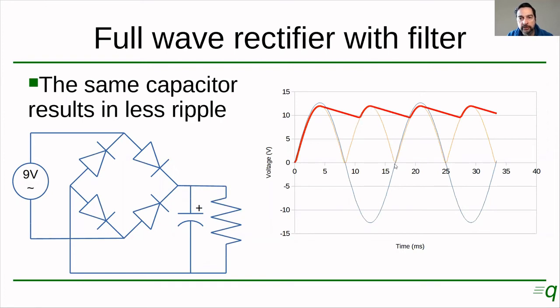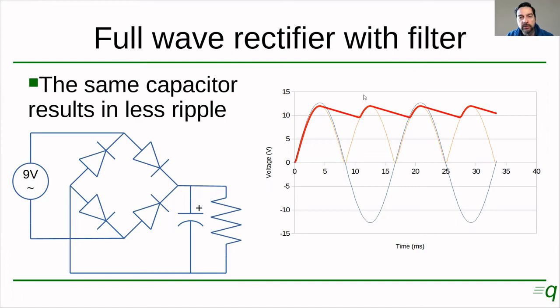We have this half wave here that arrives sooner, and that will recharge the capacitor again. So instead of going down to about 7 volts, which is what we had in the previous example, this goes down to only 10 volts.